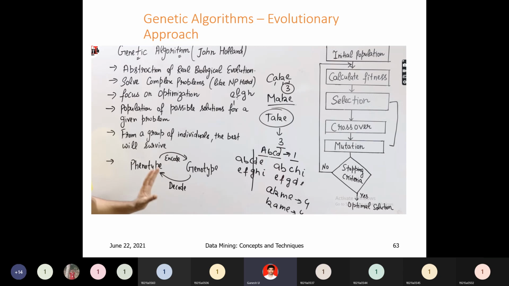Next, the stopping criteria. When the best solution is given, that is the optimal solution. Up to that, this process will repeat again and again. If it is not getting the optimal solution, it will not stop.